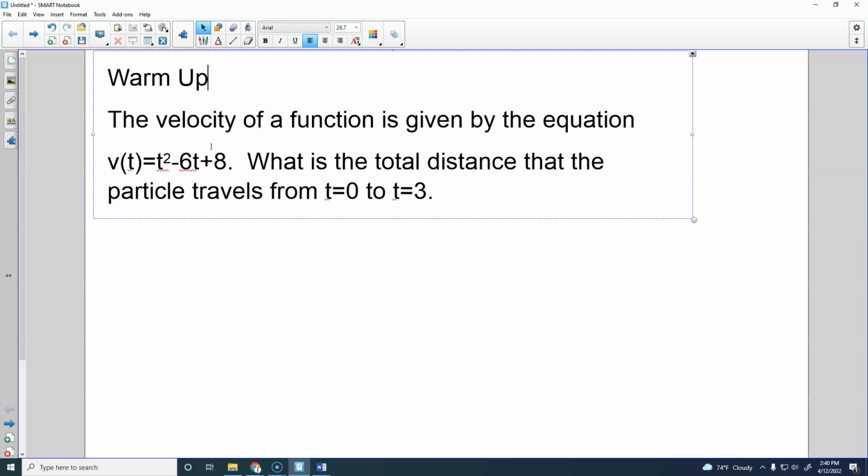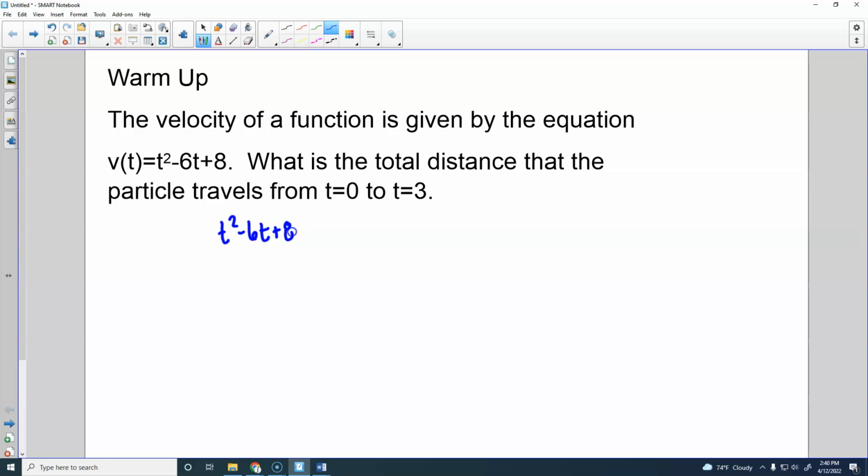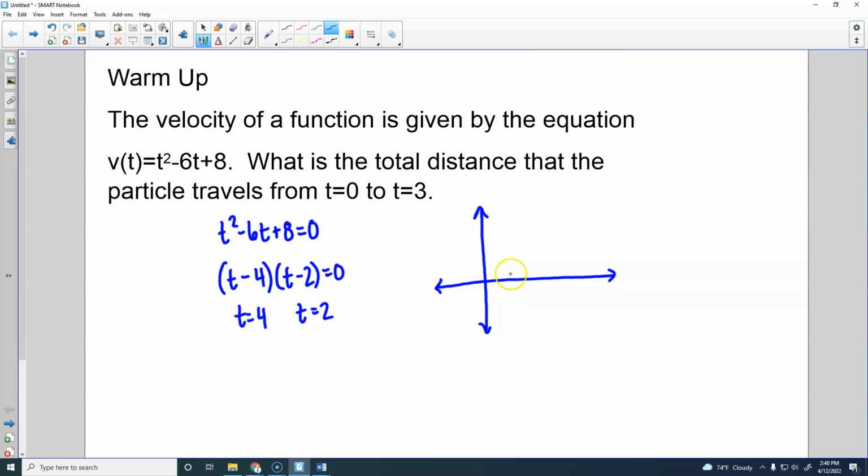There's paper, the stack of paper I grabbed out weeks ago. Okay, do this problem right now. We got lots we need to look at.